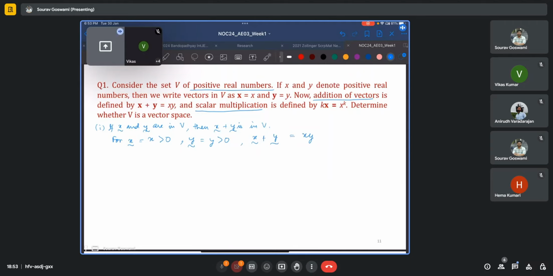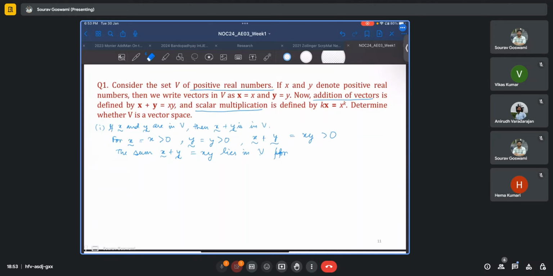Since each of them is individually greater than zero, we know that their product will also be greater than zero. Thus, we see that indeed the sum x plus y lies in the vector space V for the two elements x and y lying in V. Thus, this first axiom is satisfied.